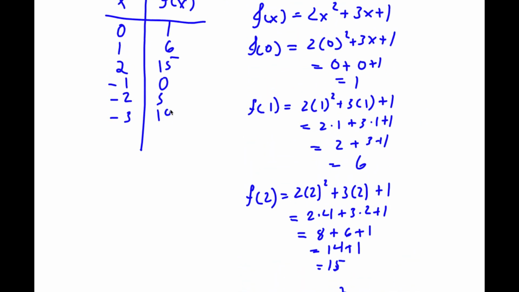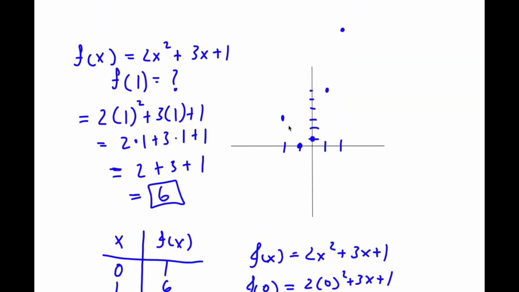So I have -3, 10, which is somewhere over here. And now I can go ahead and connect our points.